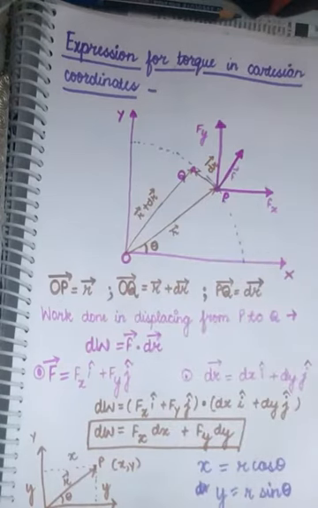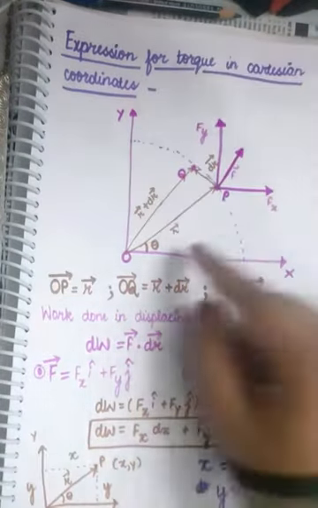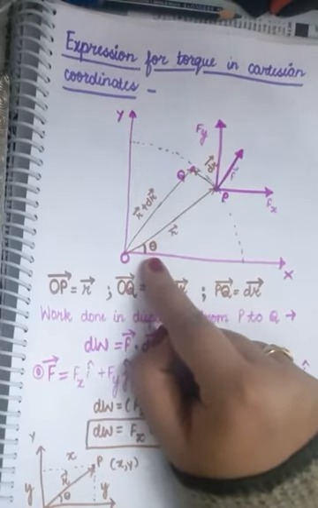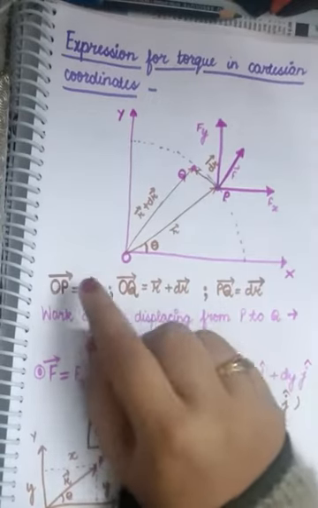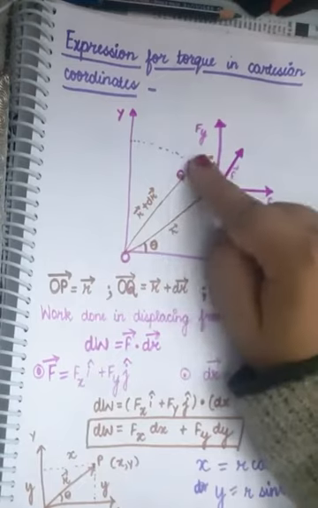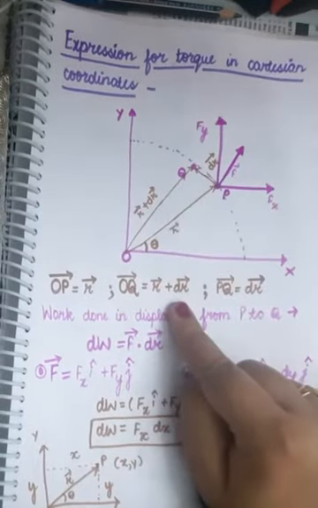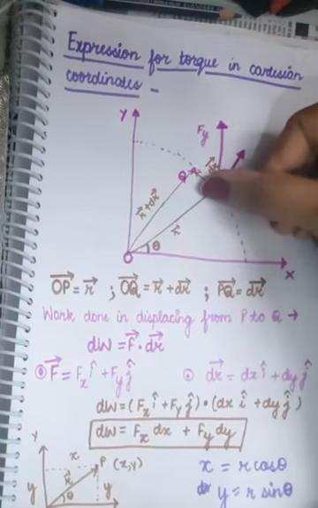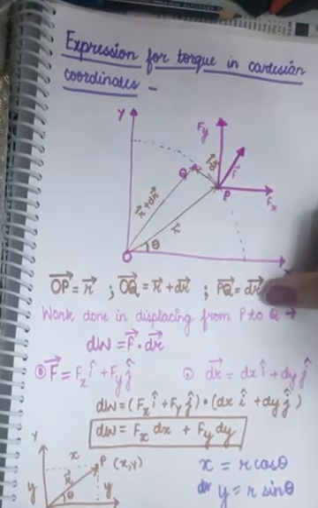Suppose the angular displacement taking place is theta. So OP vector equals r vector, OQ vector equals r vector plus dr vector, and this PQ vector is equal to dr vector.